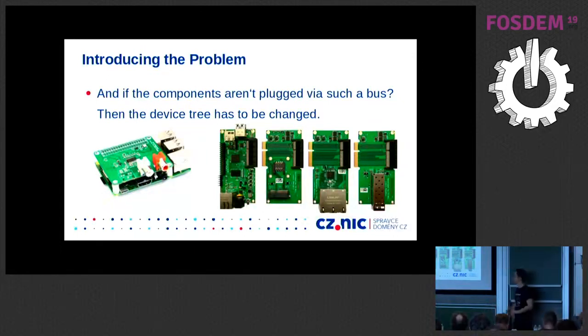So the operating system can read from the USB device what type of device it is. The same goes for SDIO and PCI Express. But if you have, for example, a Raspberry Pi with a HiFi shield, or there are many kinds of shields now, I have read about a TV hat for Raspberry Pi, if you have something like that, then you have to change the device tree with which U-Boot boots Linux.